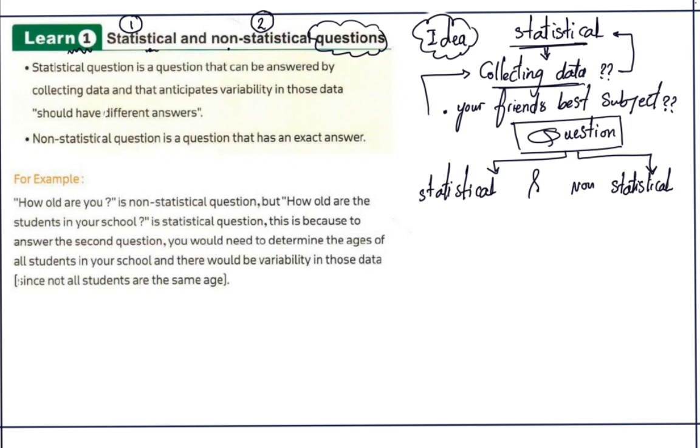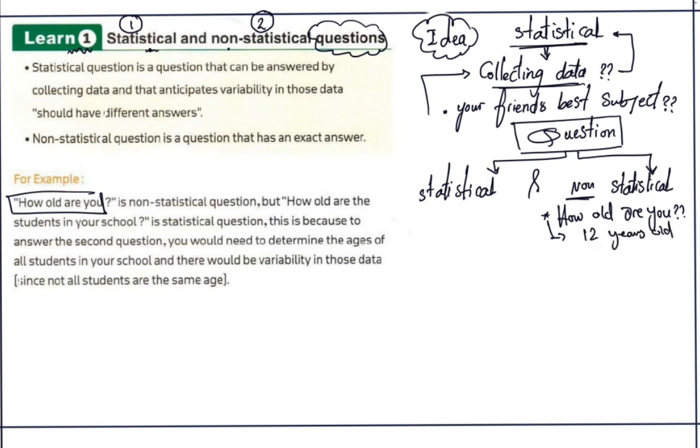I will start with non-statistical. Like this question: how old are you? The answer would be a certain number, like 12 years old.